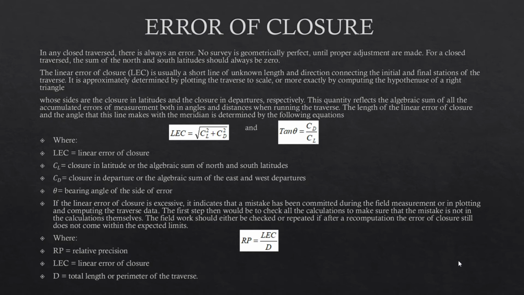So, alam nyo naman na yung difference ng mistake and error dun sa first lecture natin. Okay. So, meron tayong given formula ng relative precision, RP. So, RP ngayon is equal to length or linear error of closure over total length of perimeter of traverse.